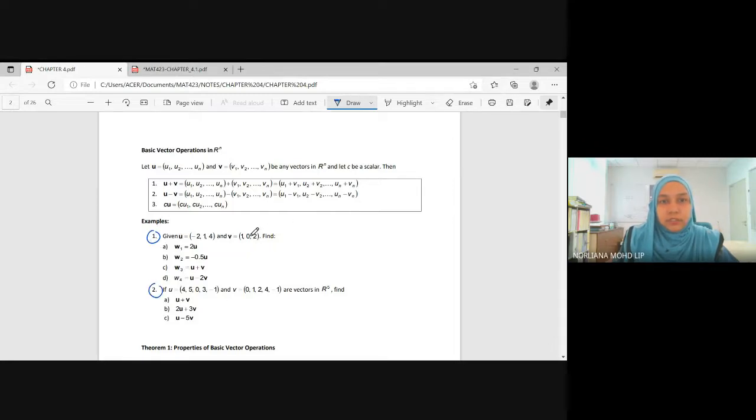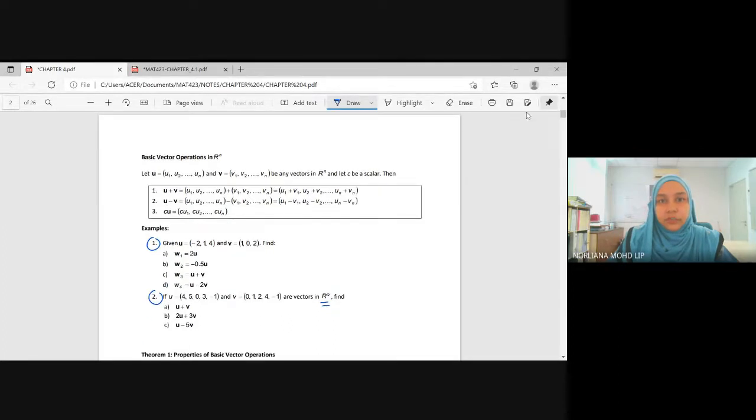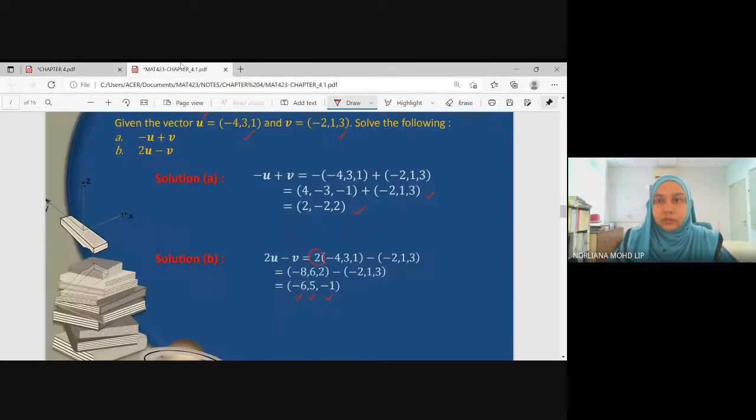This one is a vector in 3-space. Question number 2 is a vector in R5. We use the same operation. You can try it yourself later in the tutorial.